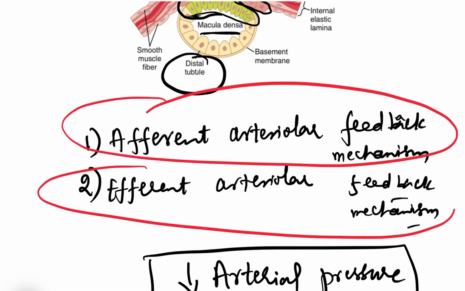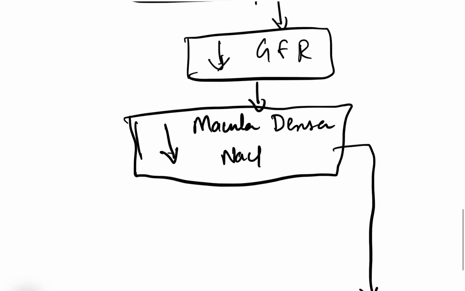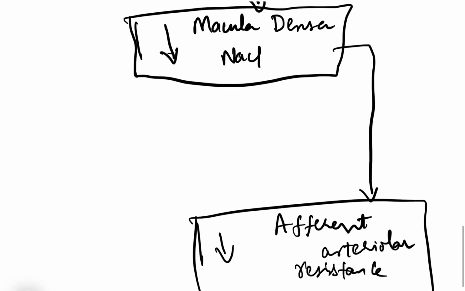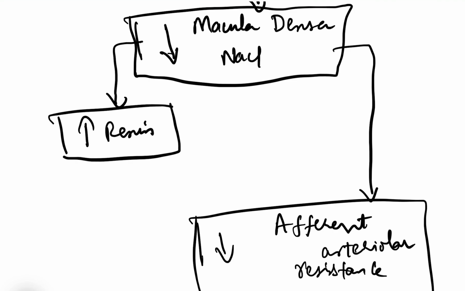Now there is an efferent arteriolar feedback mechanism also. What is that? I will just draw this in the flow chart. So see, the efferent arteriolar mechanism is similar. You know there are juxtaglomerular cells present near the arterioles. I have already highlighted it. It will release renin in response to a decrease in the sodium chloride level in the macula densa. This renin, by the renin-angiotensin mechanism, will convert angiotensinogen into angiotensin 1 and ultimately into angiotensin 2.